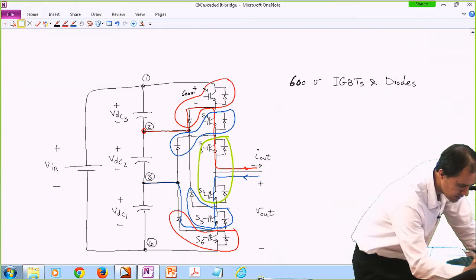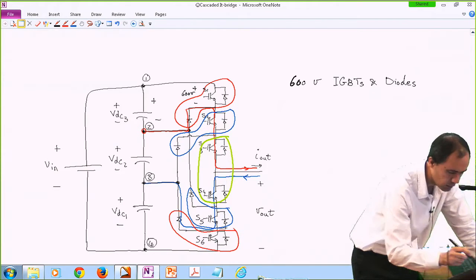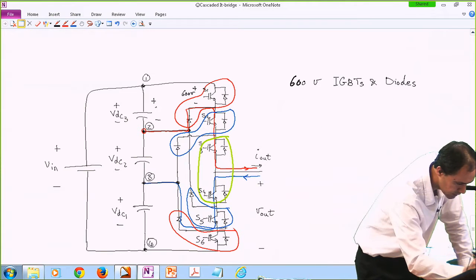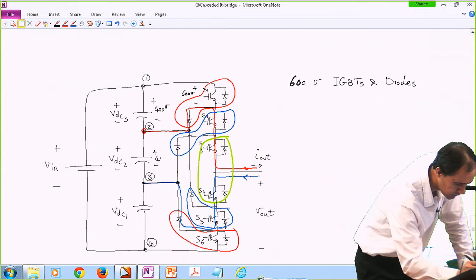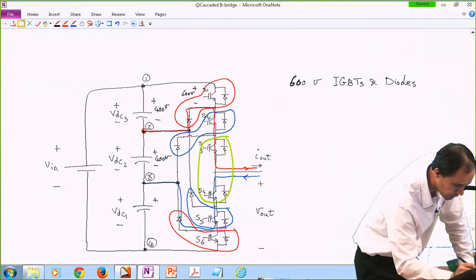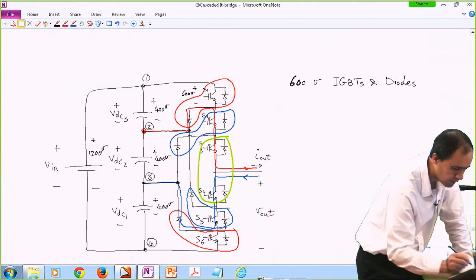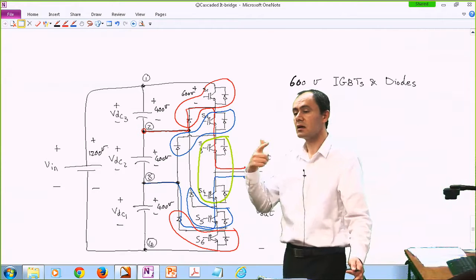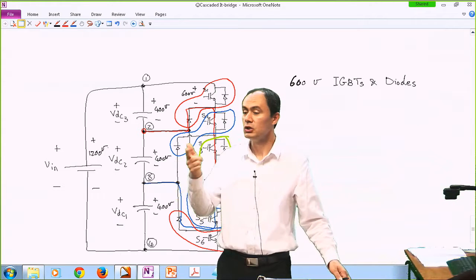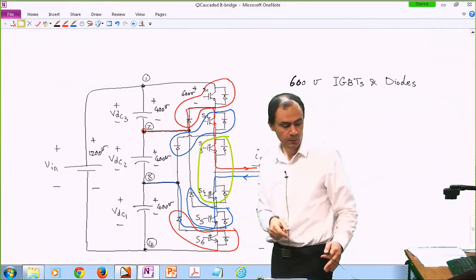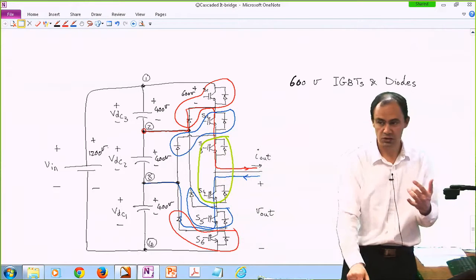This means this capacitor can go, let's say, to 400 volts, ideally 600 volts. I have 400 volts here, 400 volts here, 400 volts here. So I have a 1200 volt source here. That means my output voltage can get as high as 1200 volts using IGBTs that are not 1200 volts. They're actually smaller than that. And this is one advantage.